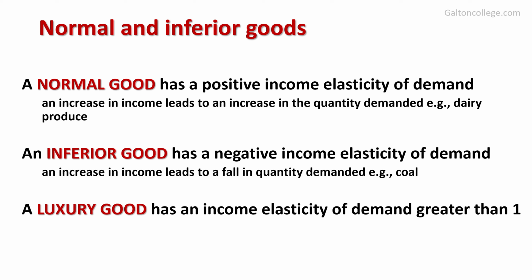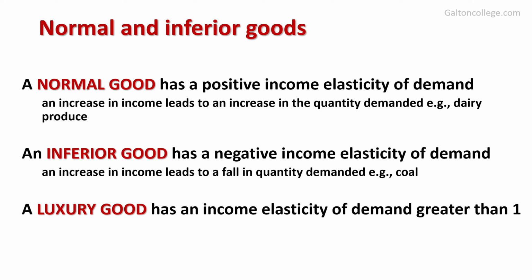So do be careful. An inferior good has nothing to do with the quality of the good. We say a good is inferior, it doesn't mean that it's a bad quality. It could be a perfectly good quality. Inferior in this case simply refers to the economic relationship between the demand for the good and income.